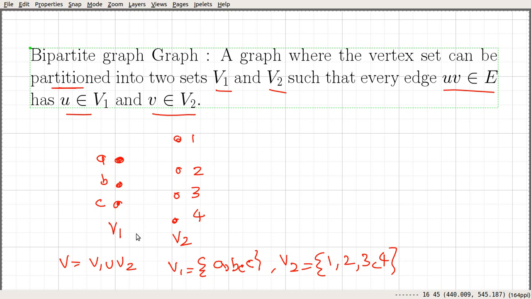So these are my partitions V1 and V2, and we can have edges only between the vertices in V1 and V2. So we can have an edge like this.